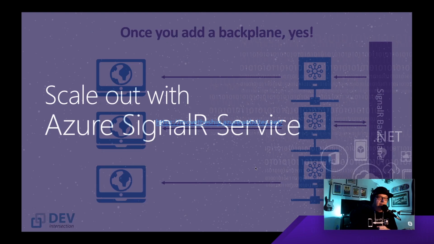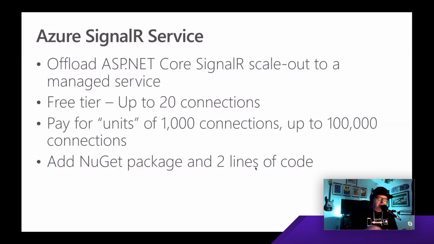Now we have this concept called the Azure SignalR service. In the Azure SignalR service, you can offload all of those WebSocket connections directly to the SignalR service. So what will happen is you'll actually make an outbound connection to the app server. Let me just show you right now.